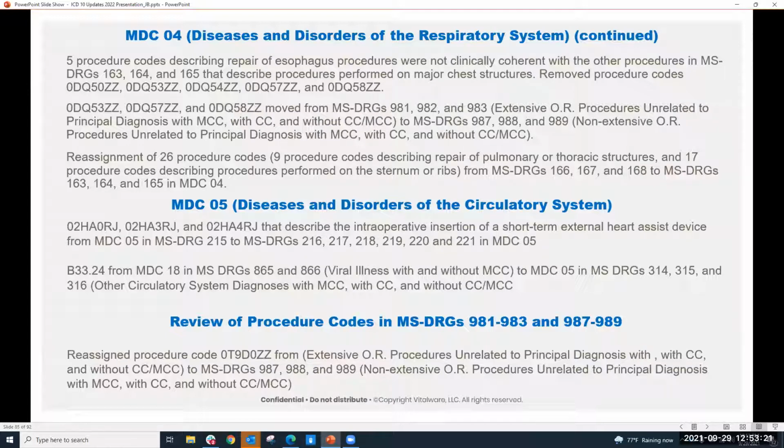And then they looked at a review of procedure codes in MS-DRGs 981 through 983 and 987 through 989. One procedure code, drainage of urethra open approach, was moved from extensive to non-extensive.